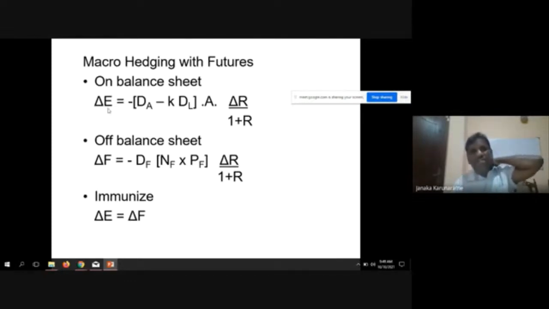If there is a declining equity, you have to end up with an increase in futures value. So change in equity should be equal to the change in futures.